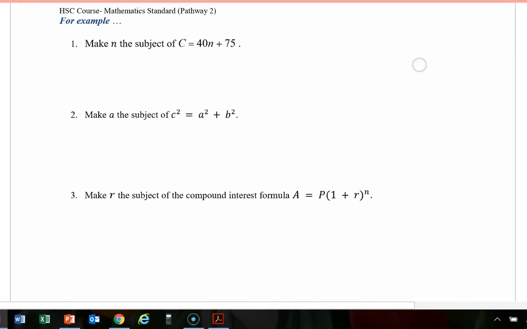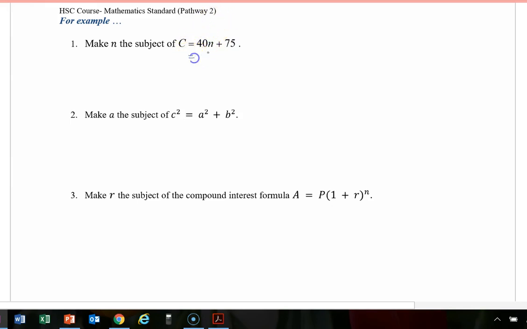Let's have a look at some examples. Make n the subject of C equals 40n plus 75. So currently the subject is C. I've got 40n plus 75 together over here. I need to get this n by itself.